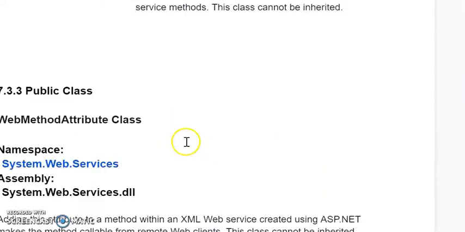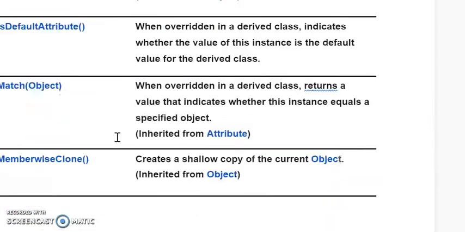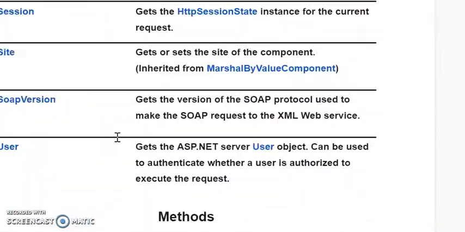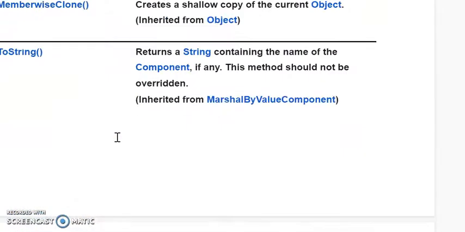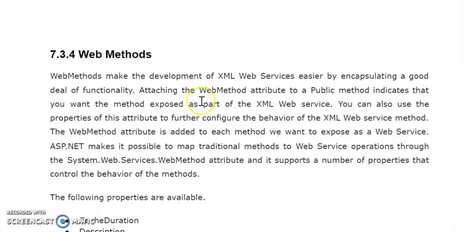So the next point, the fourth one, we will see in the next lecture, that is about the web methods. So the methods that we have seen with just one line of information, we will study in detail in the next video. Now we will stop here, and thank you.